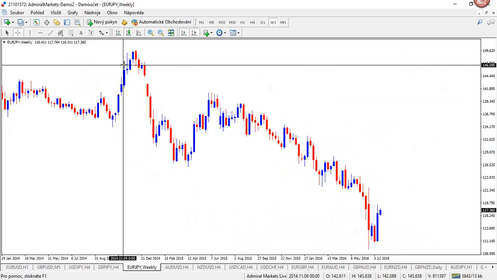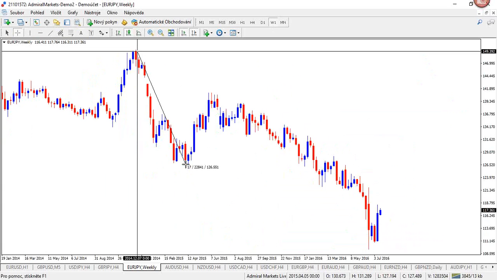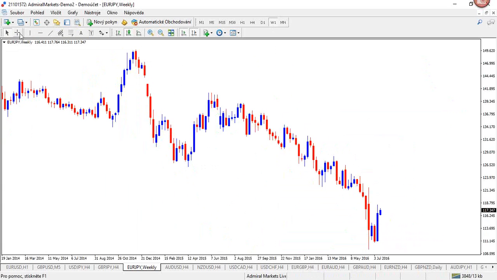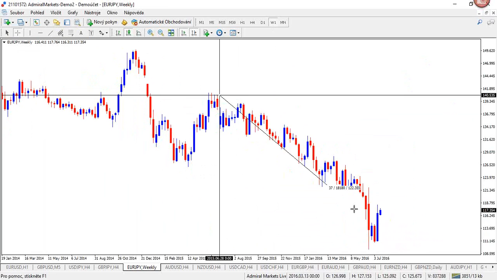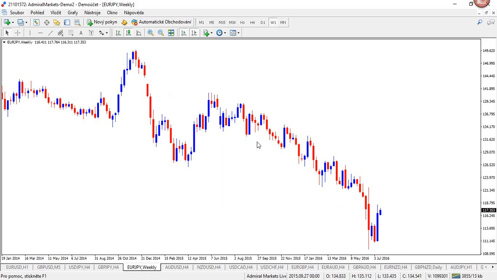If you look at the speed at which price fell here, it was basically 17 days, 2,200 pips. Here it fell 3,000 pips, but it took 3 times as long. And you see it in the angle as well. The angle's a lot shallower, and this is steeper.